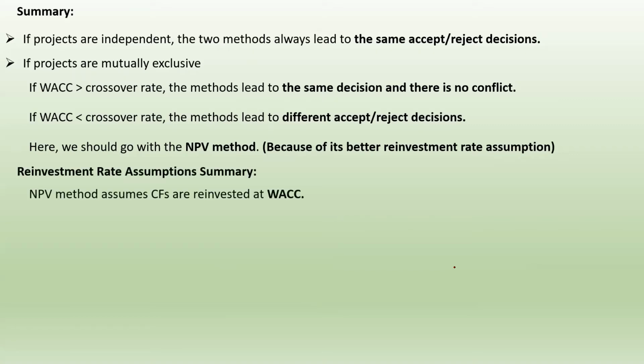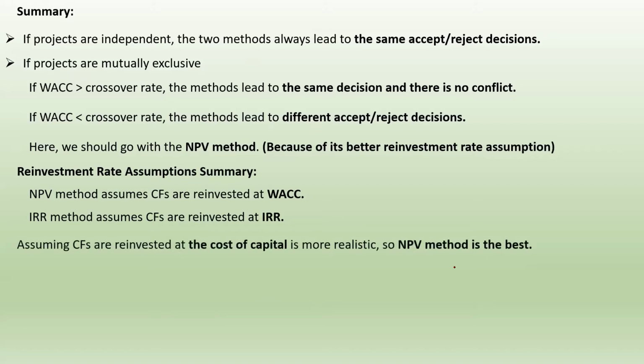As for the so-called reinvestment rate assumptions, the NPV method assumes that cash flows are reinvested at the weighted average cost of capital, as I mentioned before. The IRR rules assume that cash flows are reinvested at the IRR. For the firm, the majority of projects have a return of the weighted average cost of capital.